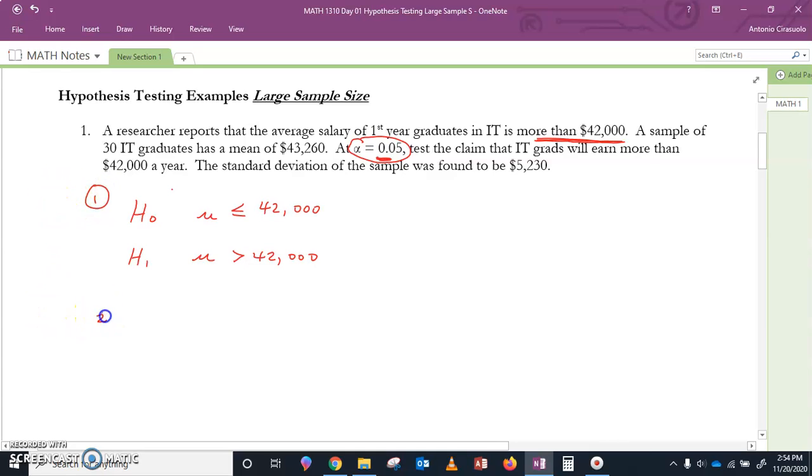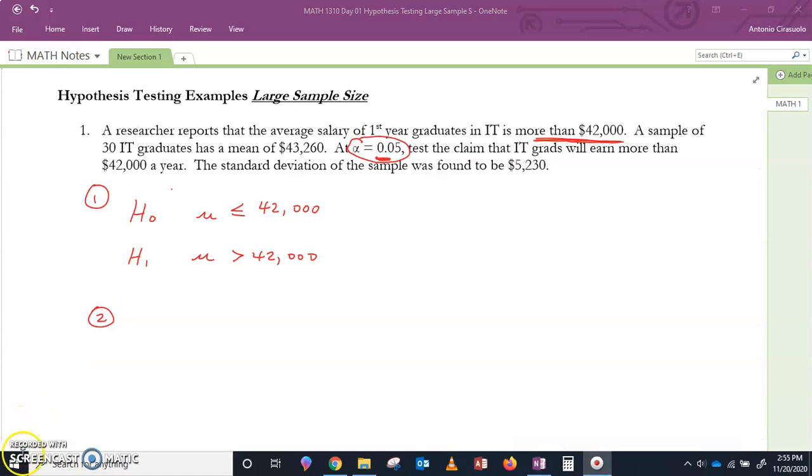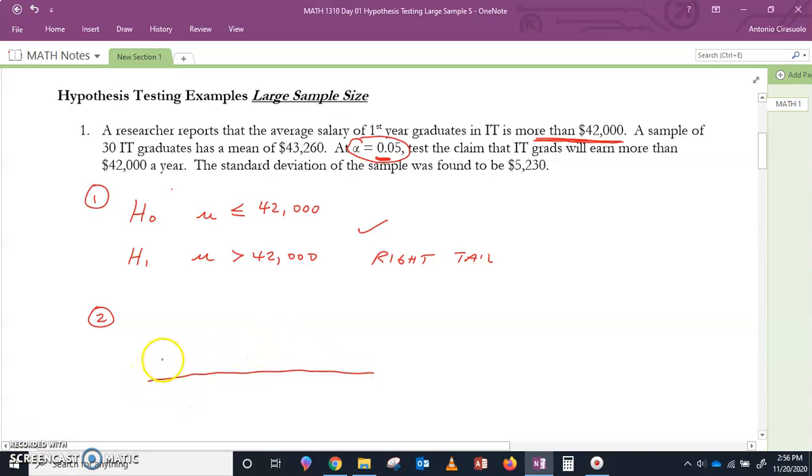Step two is to find the critical values. Well, by critical values, we're going to take the hypotheses, and you can see that this is a right tail. And what we're going to do is we're going to draw the picture.